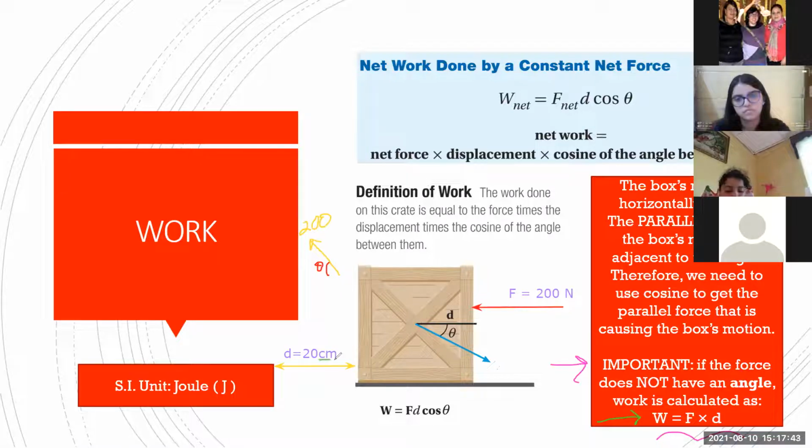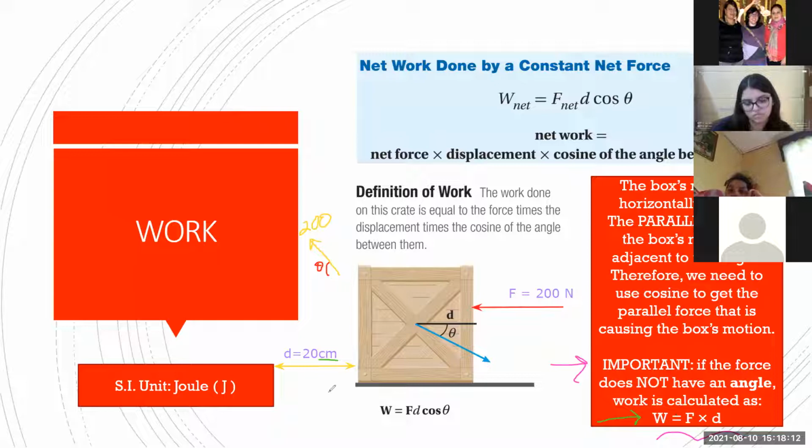Now, be careful about the units. Remember, we measure distance in meters, not in centimeters. So if you need to perform a conversion, it must be done before you apply the formula. For this exercise, these centimeters should be converted to meters and then you apply the formula to get the work.